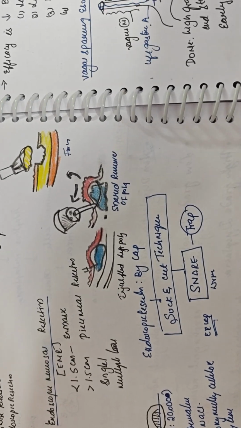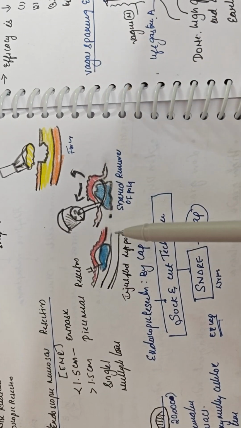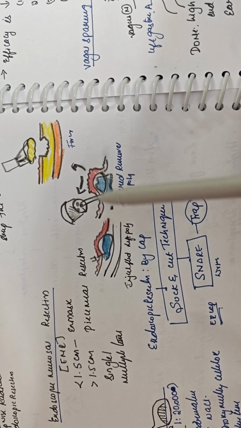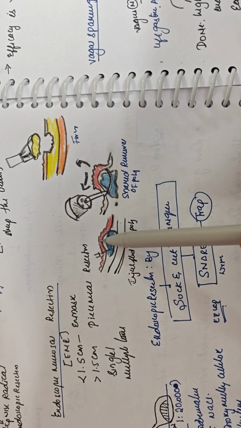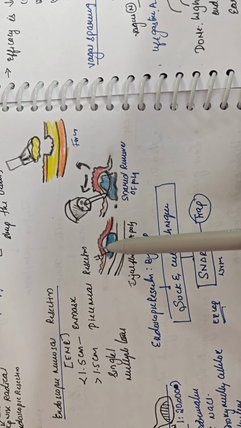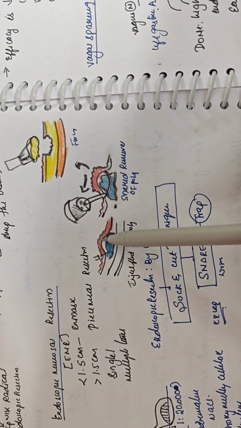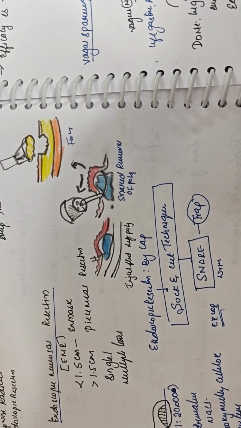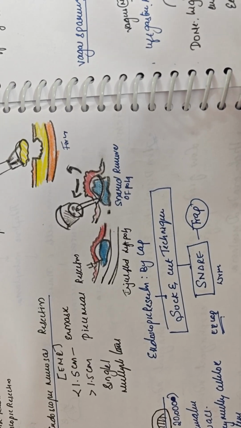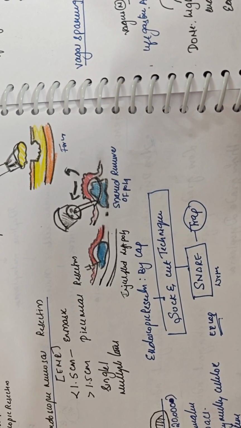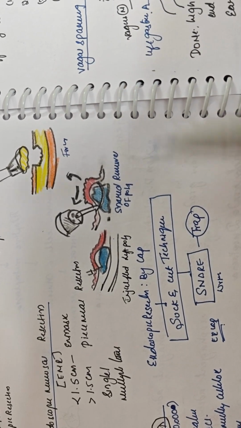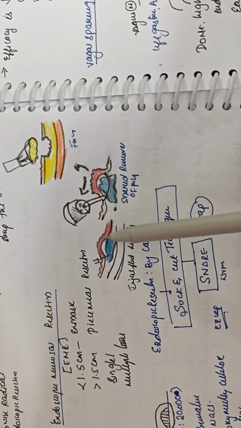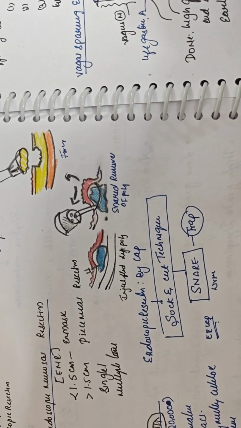Now, this is the mucosa, this is the submucosa, and then you have the muscularis propria further. The cancerous condition is present in the mucosa. What exactly is mucosa? Epithelium, lamina propria, muscularis mucosa. The cancer is present at the mucosal aspect.